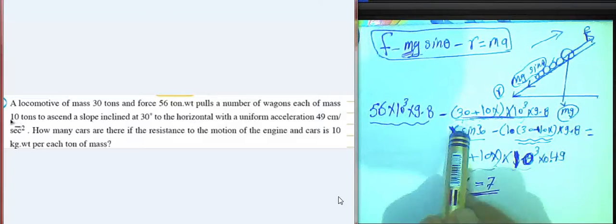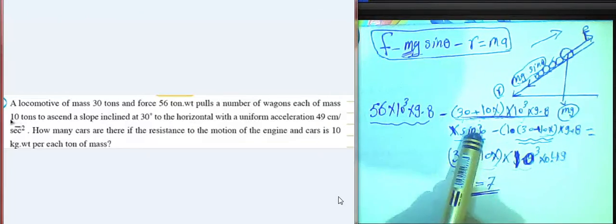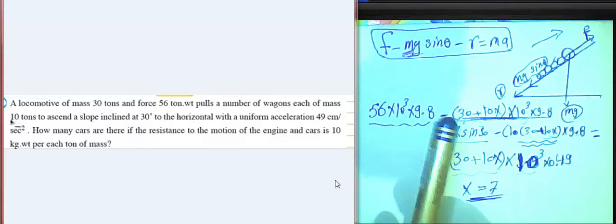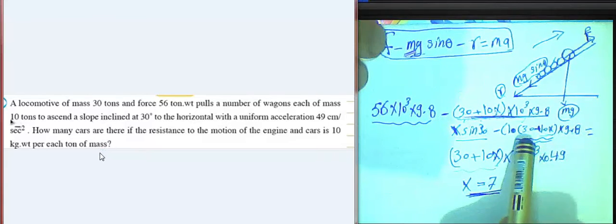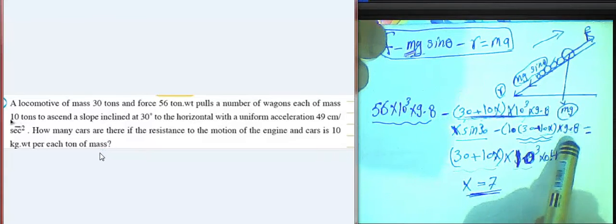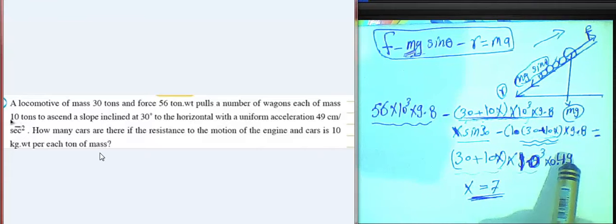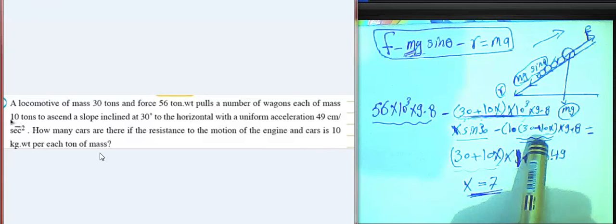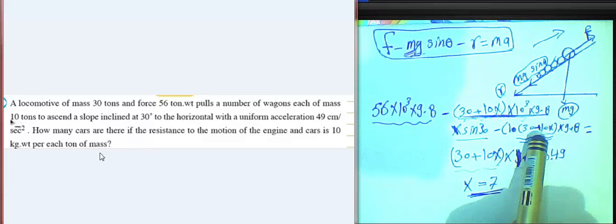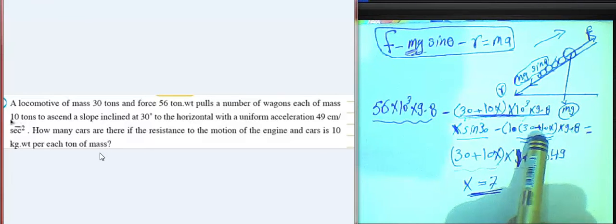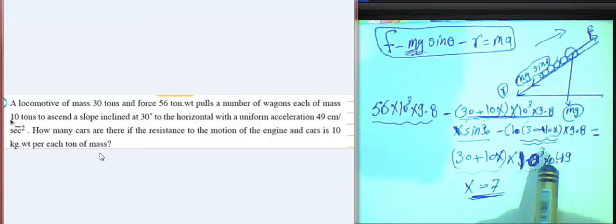Newton, multiply by sine theta 30, subtract R. He told us R equal 10 kilogram weight per each ton of mass, 10 multiply the weight 30 plus 10x multiply by 9.8. Okay, because it was kilogram weight, we must convert this to what? Convert to Newton. Multiply 9.8.